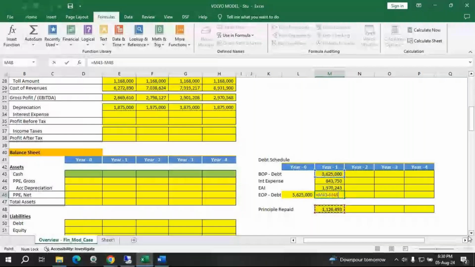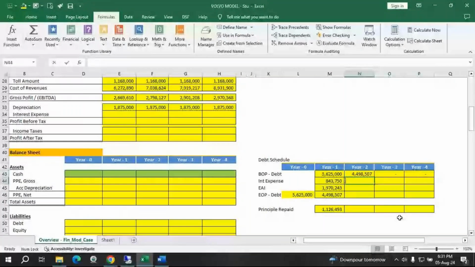How much principal amount have I repaid? That I need to subtract. So remaining is 44 lakh 98,000. This value will become the beginning of the period value. I'm going to come here and drag it. Now interest expense will be on this particular value into 15%.